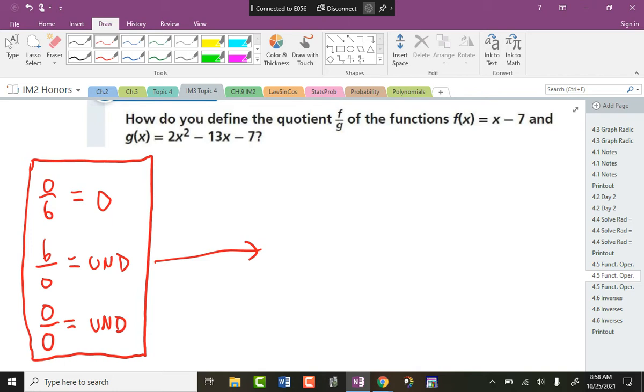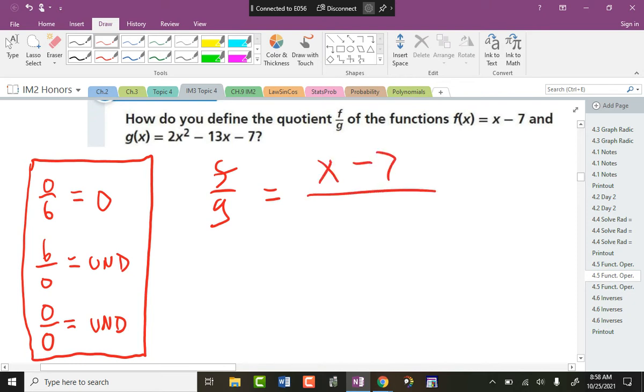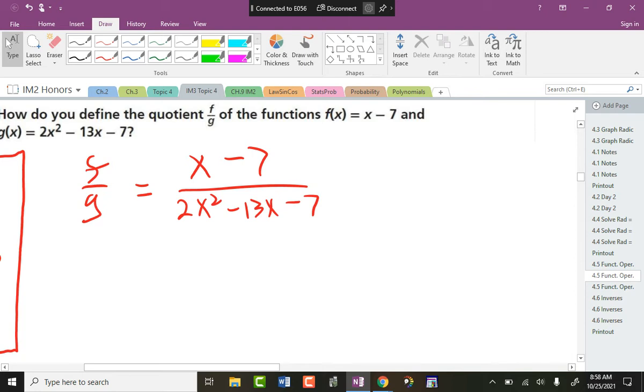Okay, so with all that being said, knowing these basics, because remember, variables are just numbers anyway, f divided by g is f, x minus 7, divided by g, 2x squared minus 13x minus 7. And I will tell you, your book is your friend a lot of times because they want this to happen.